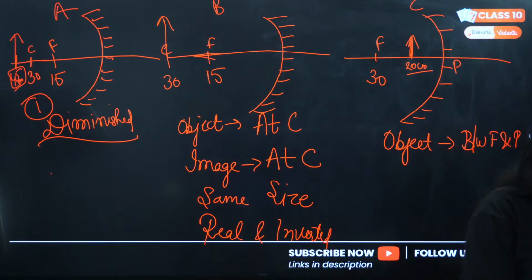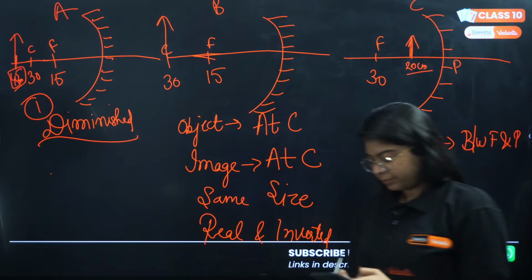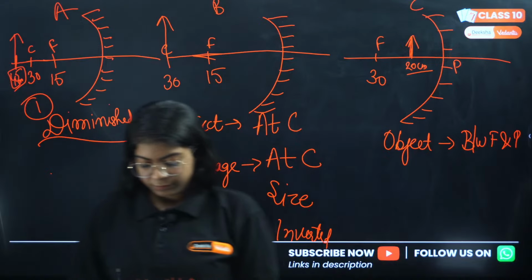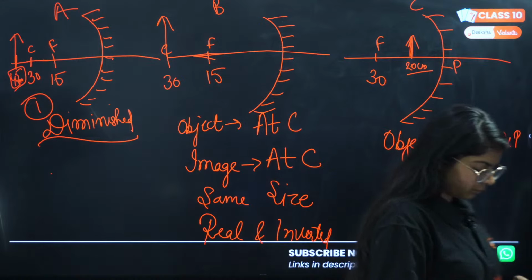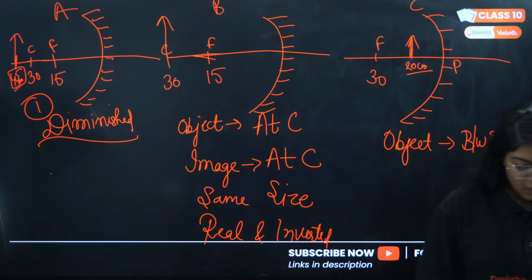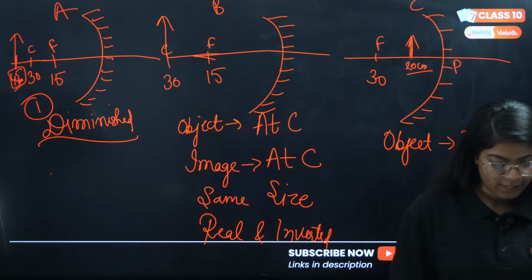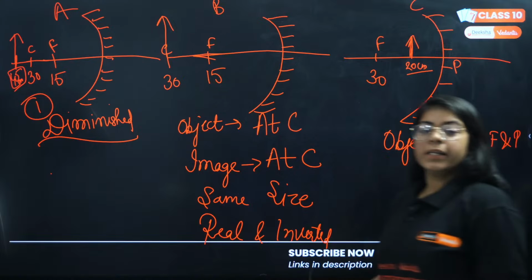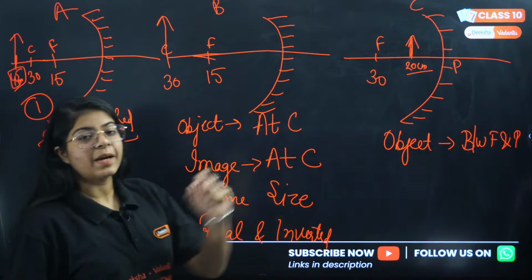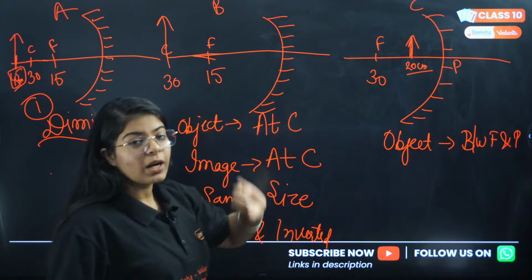Let me know in the live chat. What will be the answer to this question, guys? What kind of image will be formed if my object is between pole and focus?